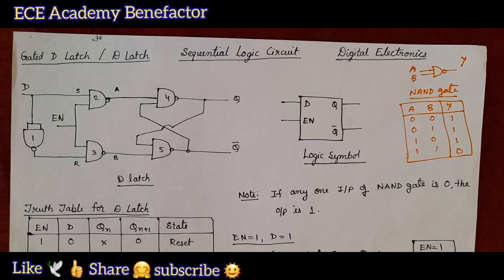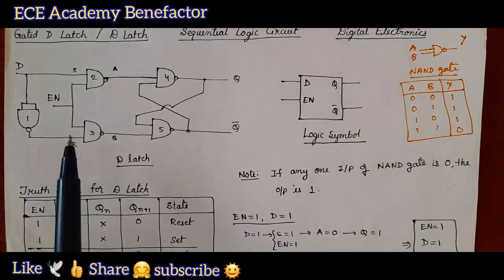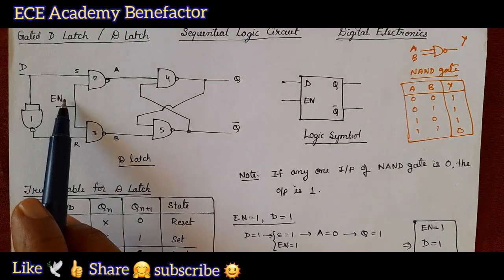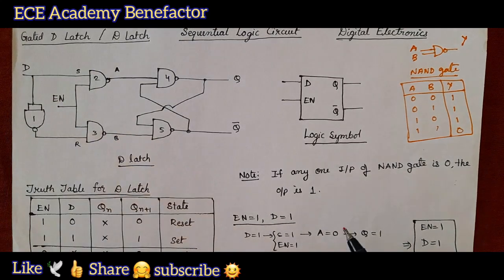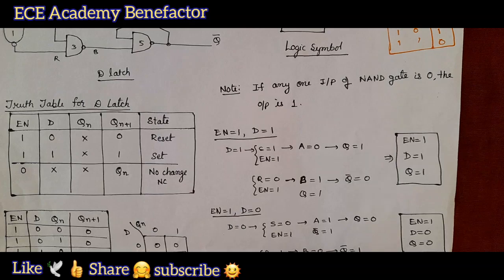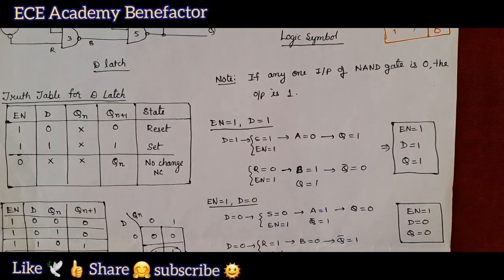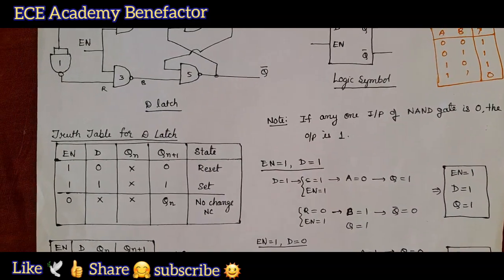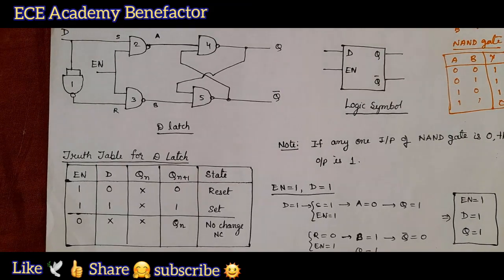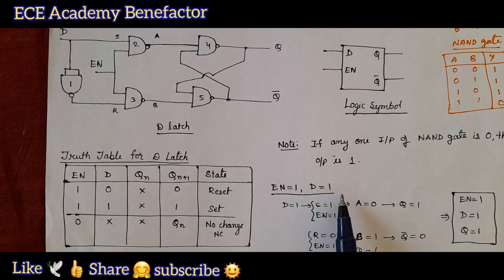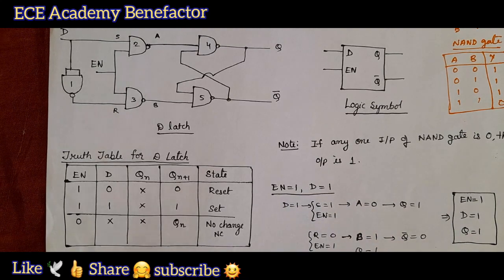Okay, now let us see when the enable input is 1. Enable is 1 and D is 1. So, what happens now?